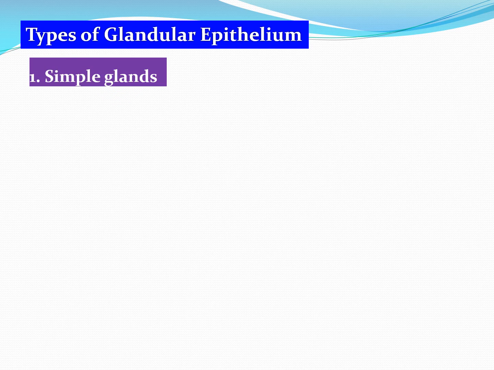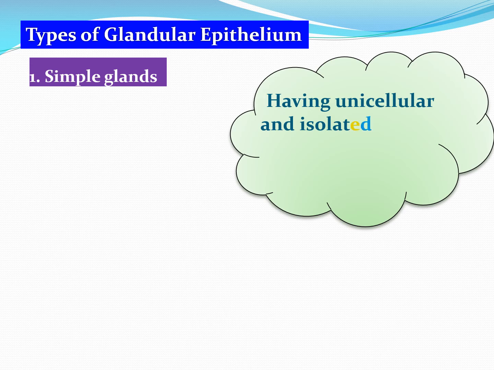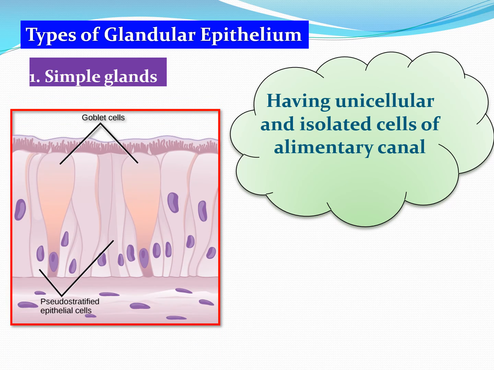Let us see the types of glandular epithelium. So these are classified into two types. Simple glandular epithelium, having unicellular and isolated cells of the alimentary canal.